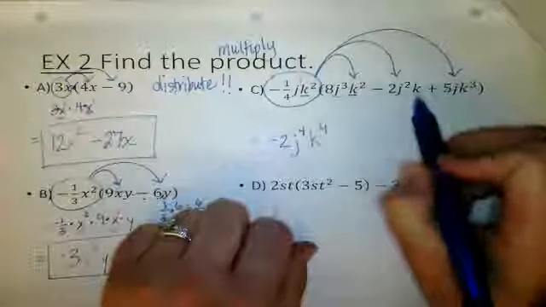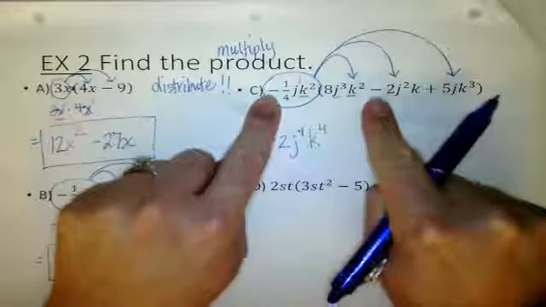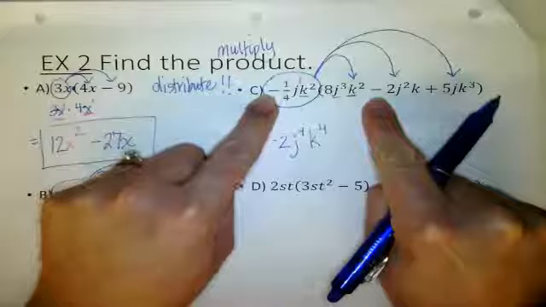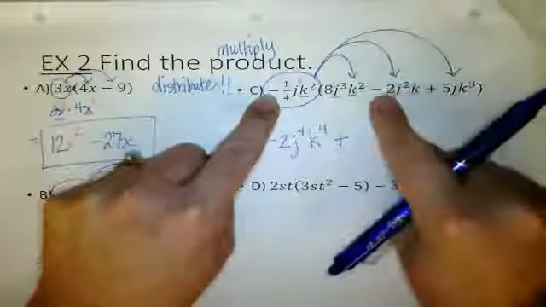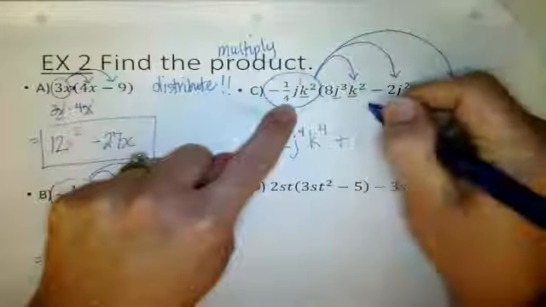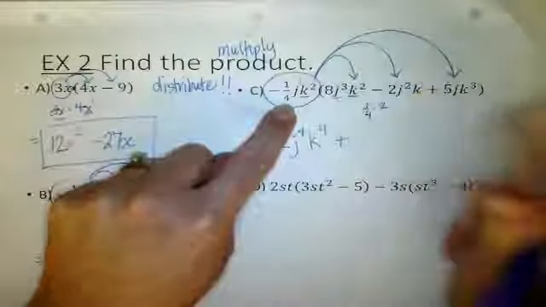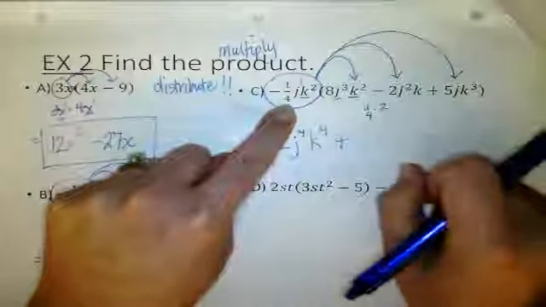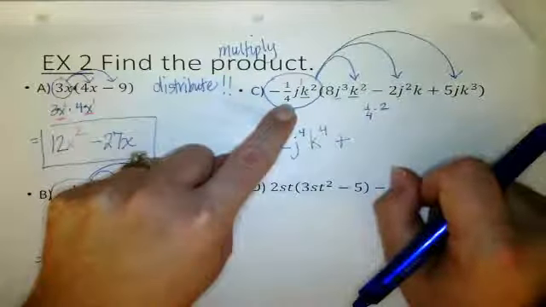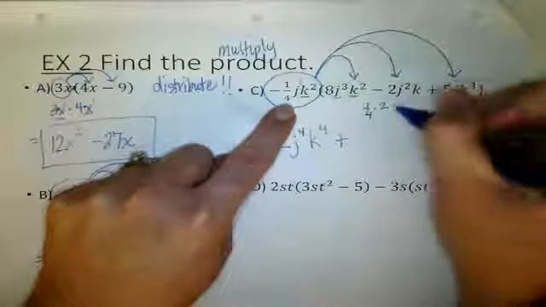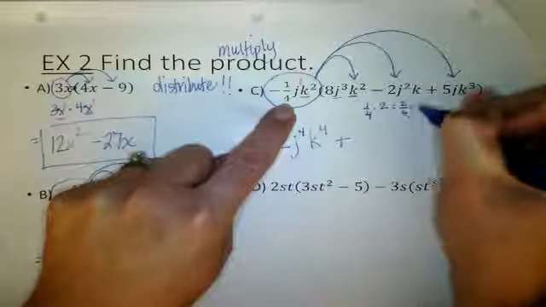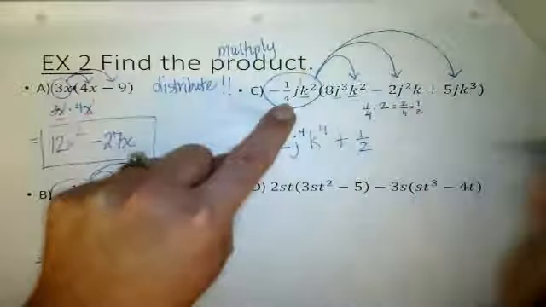Moving to my second term here, I have negative times negative, which is positive. I have 1/4 times 2. What's 1/4 times 2? Yep, that'd be 2 over 4, which reduces to 1/2. So we get 1/2.